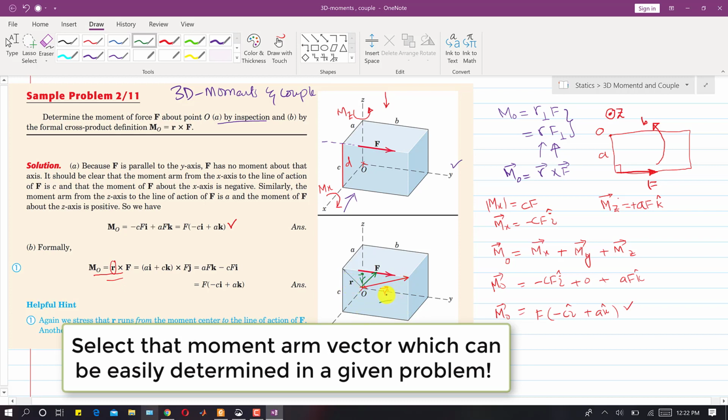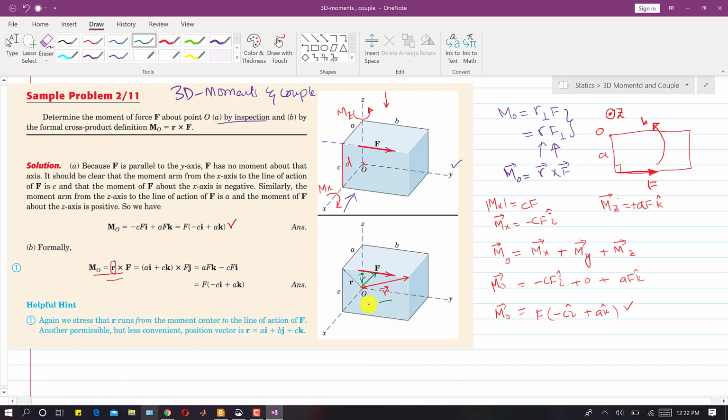So now if I find this R vector, what will be the component of this R along x? This will be that component, this will be its y component, and this will be its z component, right? So this will be Rx, this will be Ry, and this will be Rz. So what will be the Rx?